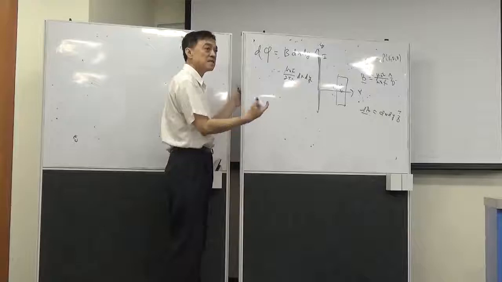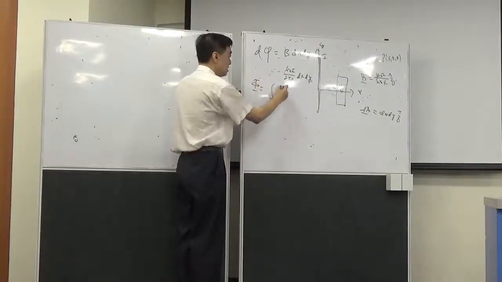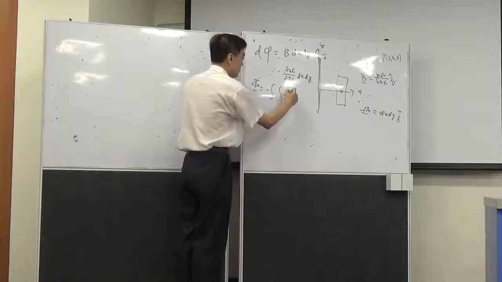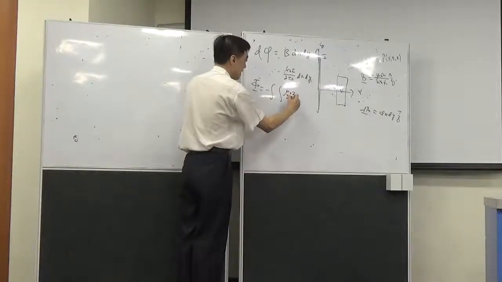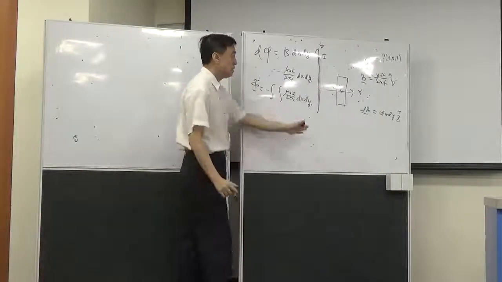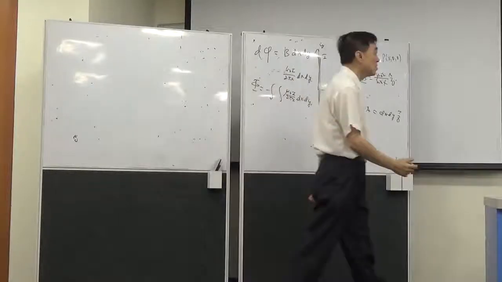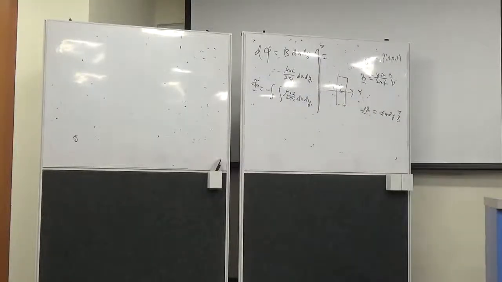Alright. So the total flux linkage is equal to the integral of mu naught I over 2 pi x dx dy, integrated from here to here, from here to here, right? That is equal to x is from where to where?